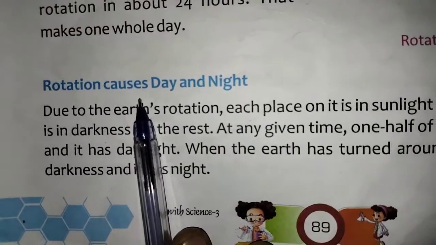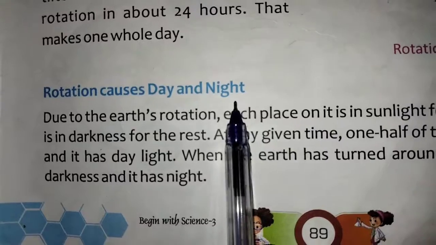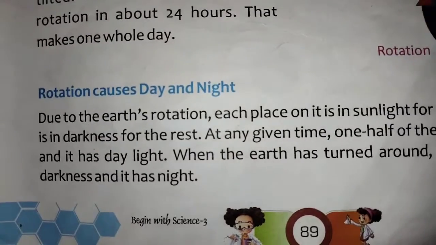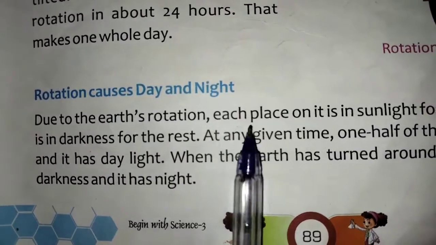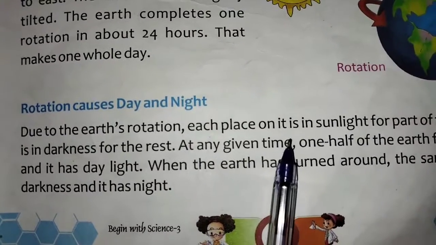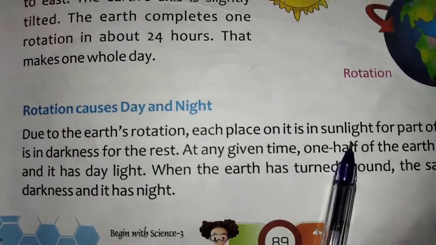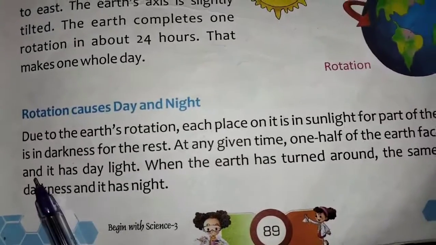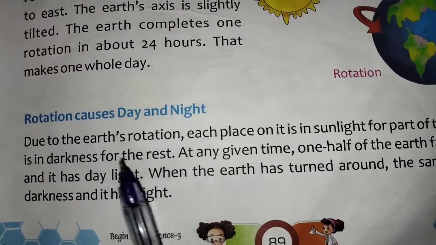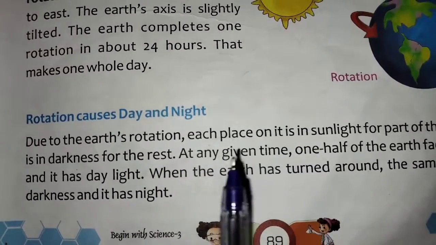Rotation causes day and night. Due to earth rotation, each place on it is in sunlight for part of the time and is in darkness for the rest.